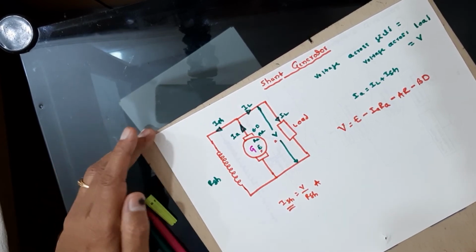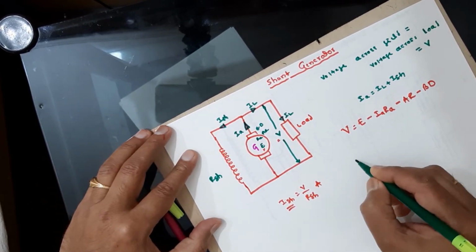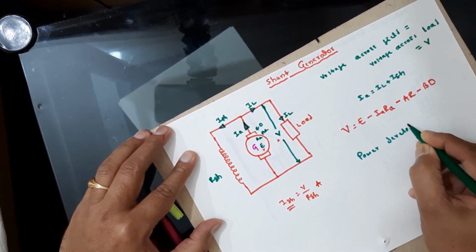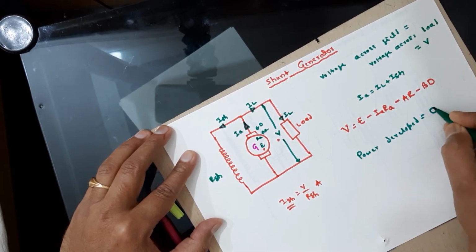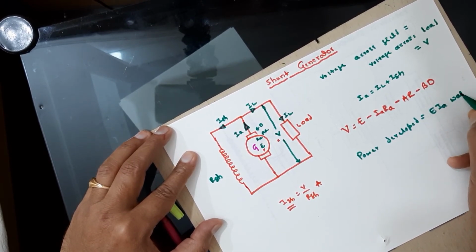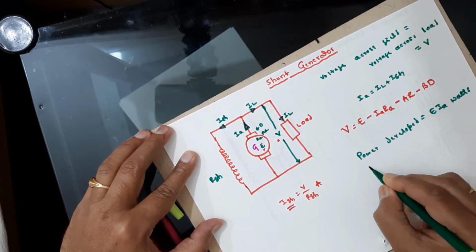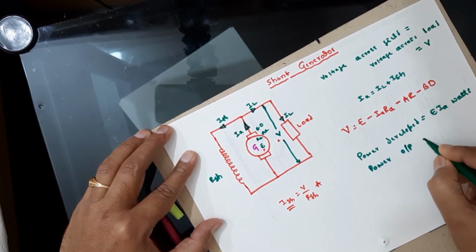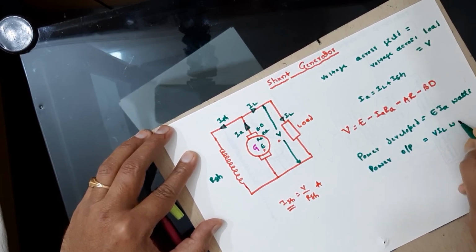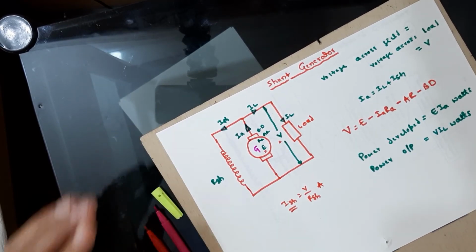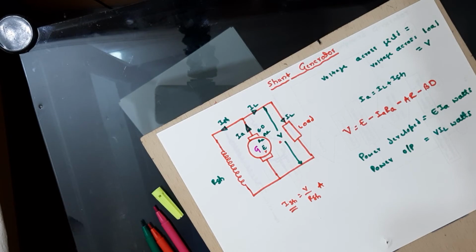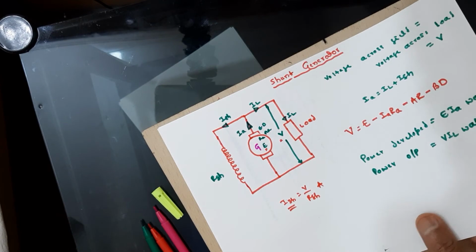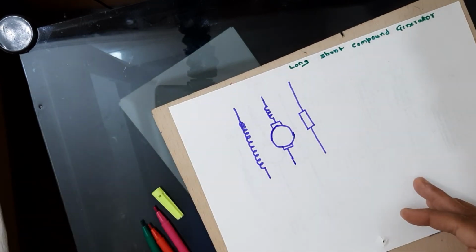Then once again the power equation, that is the power developed is equal to E into IA watts, and power output from the generator or the power delivered is V into IL. This is for the shunt generator. Then we'll move on to the long shunt generator.